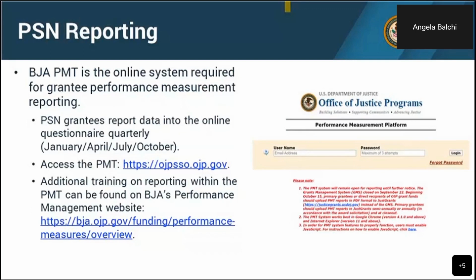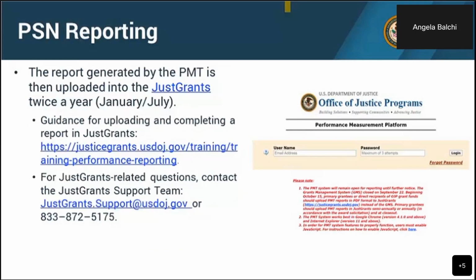To access the PMT, please follow the link on the screen. If you're a first-time user or your account is inactive, please contact the PMT Help Desk for assistance. Additional reporting resources can be found on BJA's Performance Management website. The link is also provided on this slide.